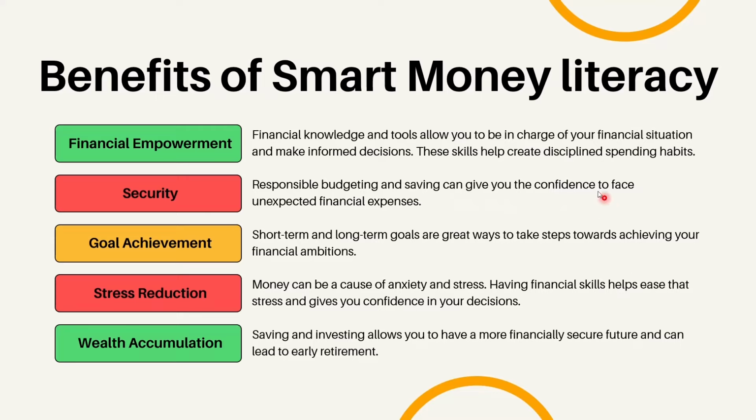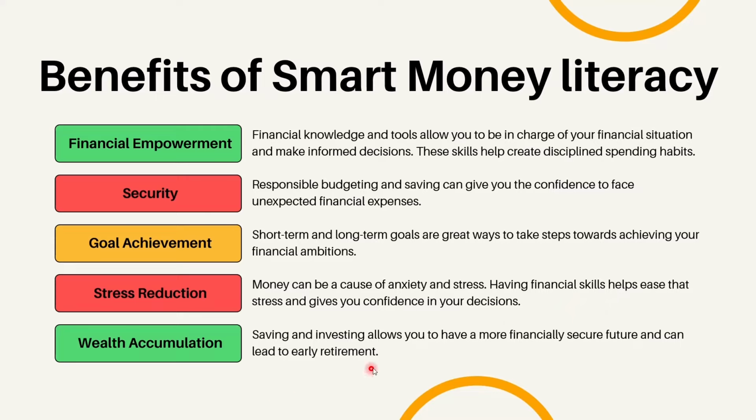And achievable goals can be short term and long term. You can define great ways to take steps to achieve your financial ambitions. And stress reduction: money can be a cause of anxiety and stress. Having financial skills helps ease that stress and gives you confidence in your decisions.